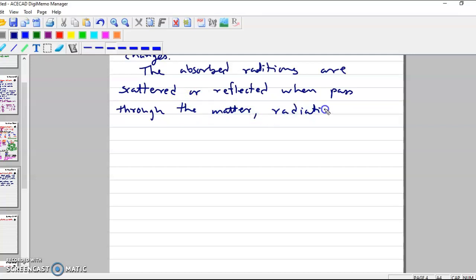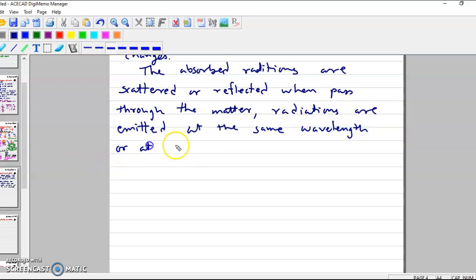Radiations are emitted at the same wavelength or at a different wavelength.